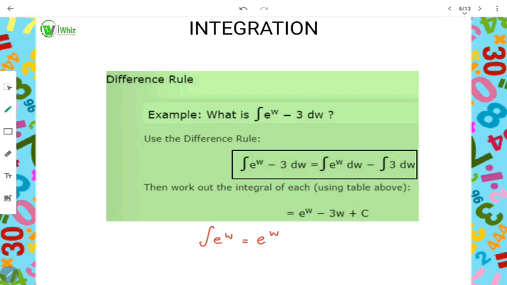And then minus the integral of 3, we say that this is going to be 3w. Why? Because if I were to differentiate this or to find the derivative, it will be w to the 1 minus 1, which is 0, and then 3 times 1, which would give me 3. So that's how we replace the w, and we don't forget the constant of integration.